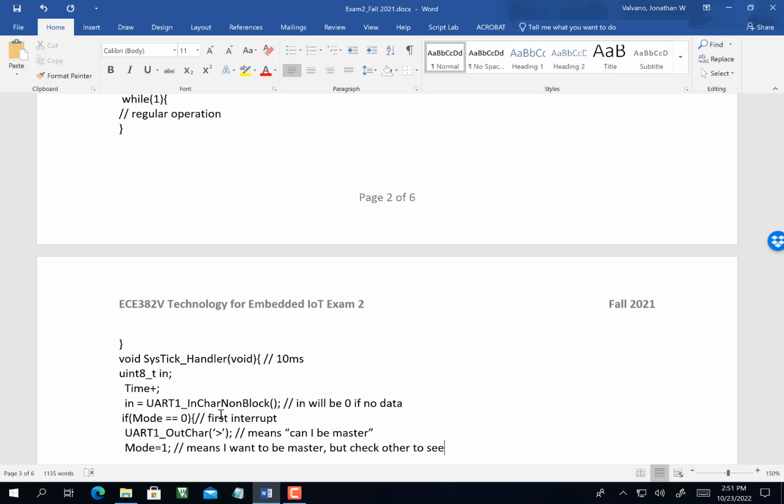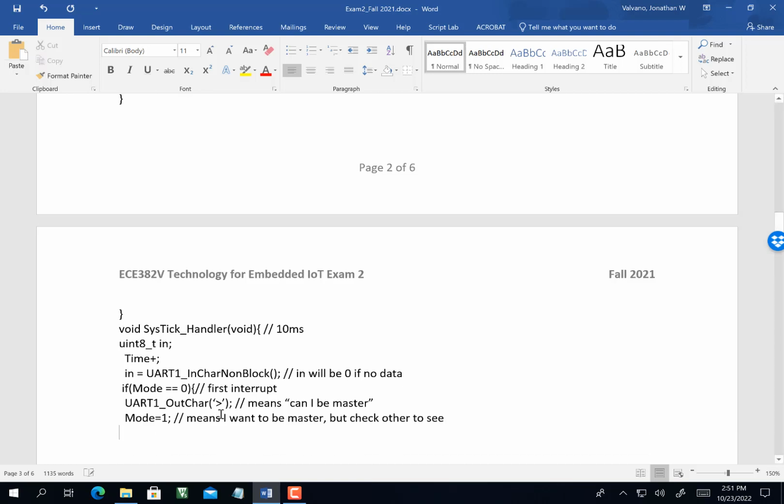And that's it for the first interrupt. Well, it might be the second interrupt, or third or fourth or fifth. Remember, mode equals 1 means I'm hoping to be master.